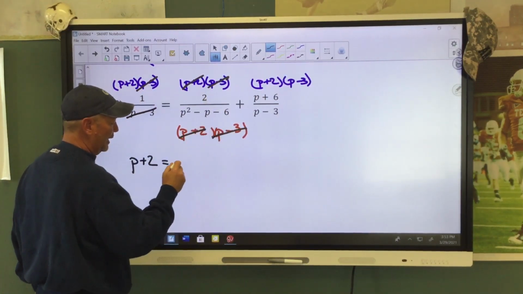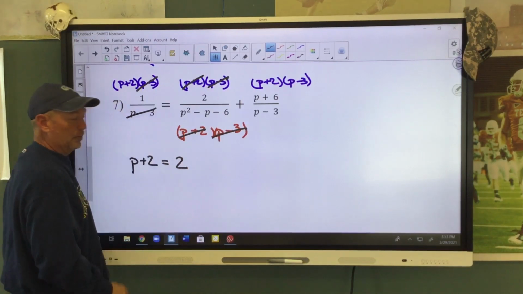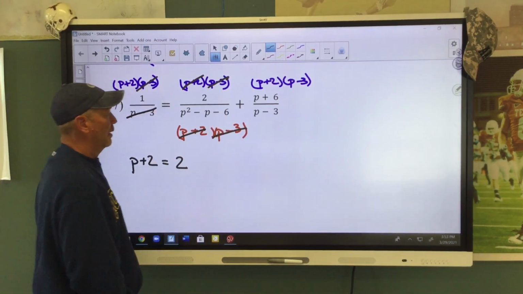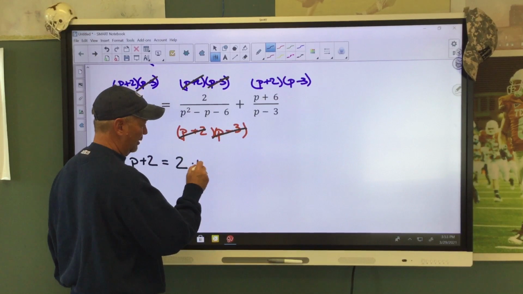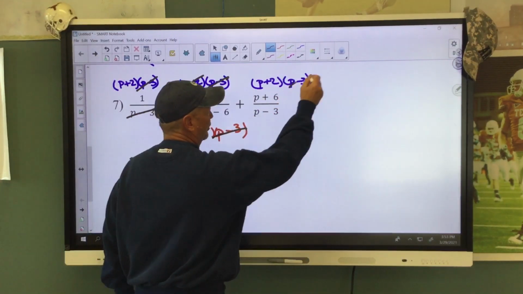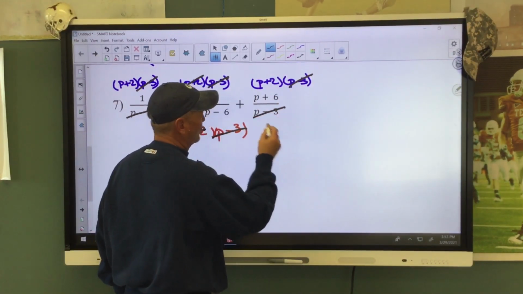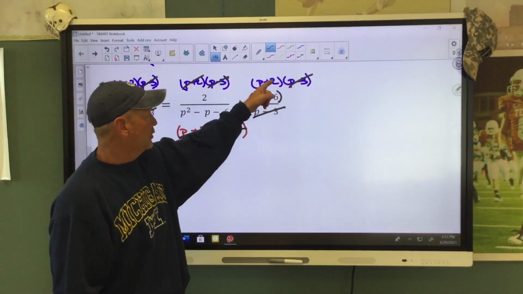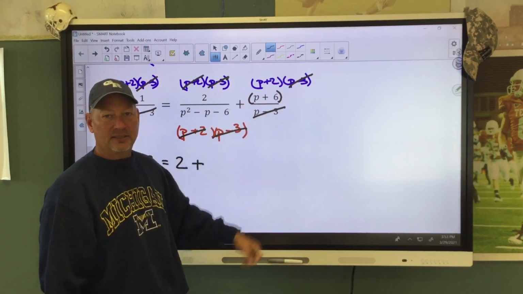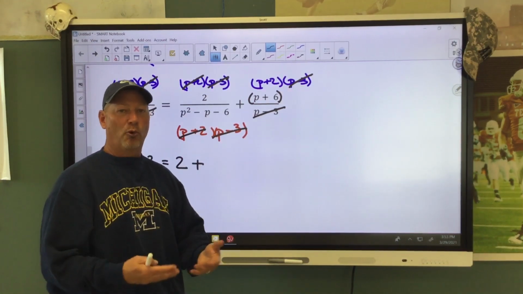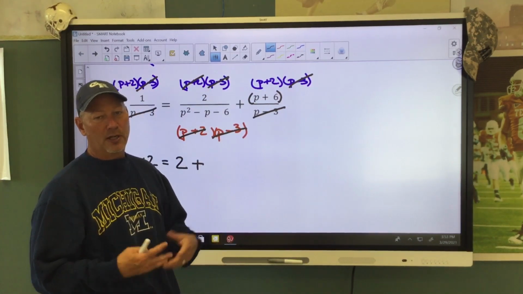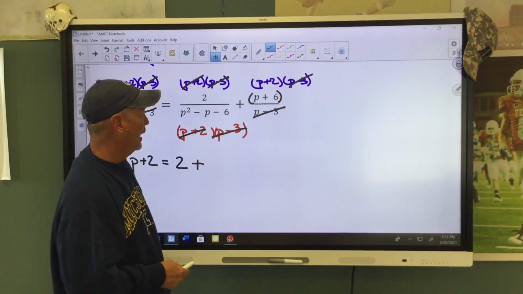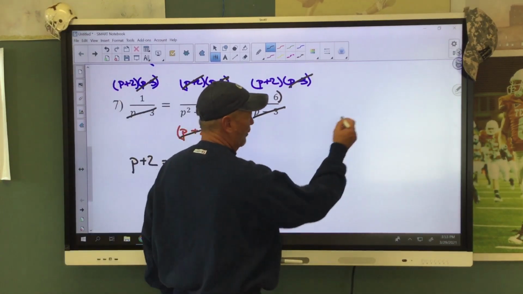I am left with a 2 plus. p minus 3 cancels. I am left with p plus 2 times p plus 6. You're going to have to FOIL or box those. You're going to have to multiply those together. Okay? So this is going to give us, come over here to do it together.